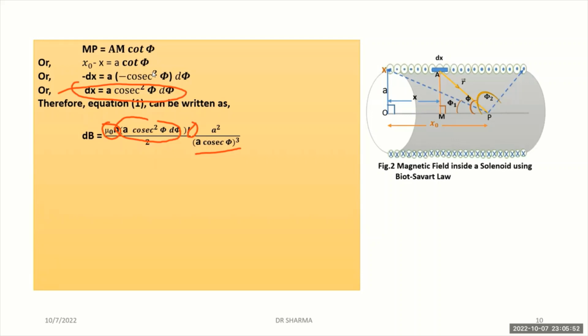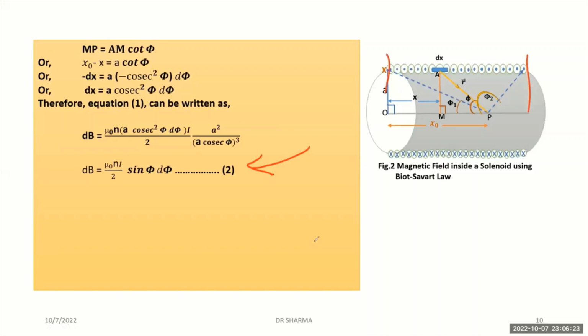Just simplify this expression to get dB is equal to mu naught n I over 2 sin phi d phi. Now your job is to integrate this equation, because this flux density is due to that elemental length only. To get the total magnetic field, you have to integrate this equation throughout the length of the solenoid in angular limits, that is, from phi 1 to phi 2.